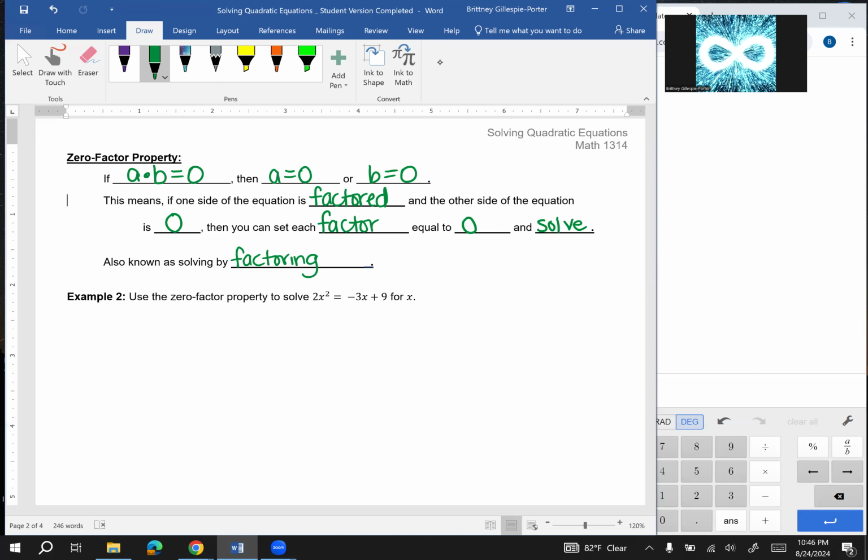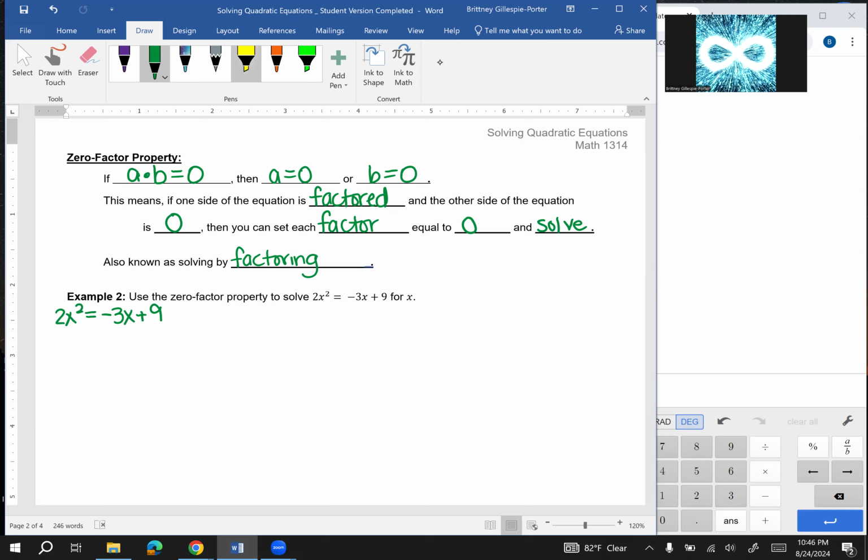Okay, so in our first example for the zero factor property, we have 2x squared is equal to negative 3x plus 9. The first thing we need to do is get all of our terms onto one side.